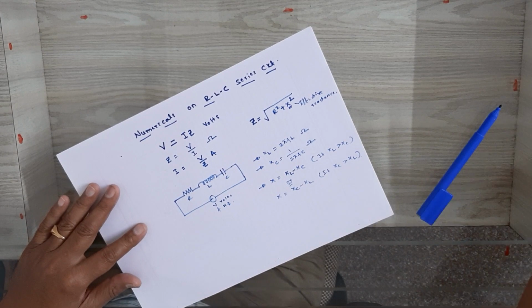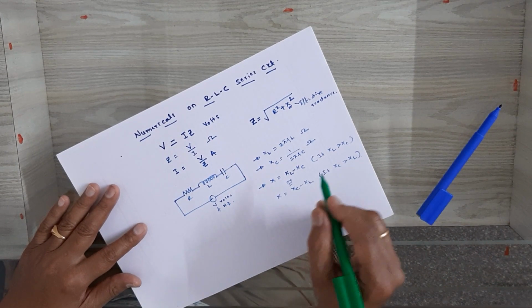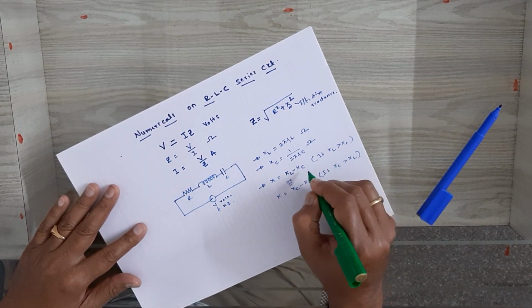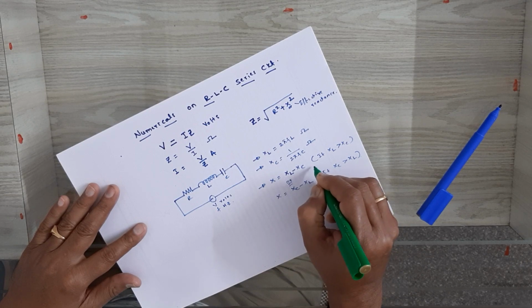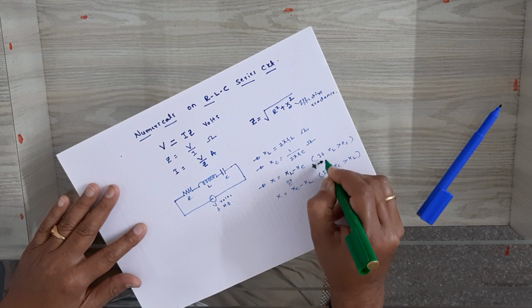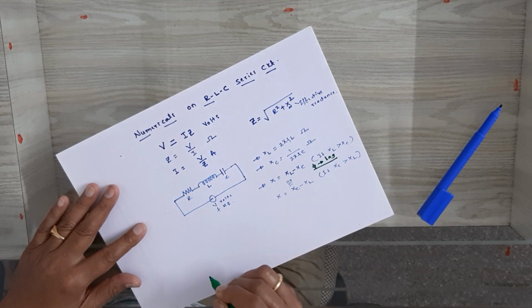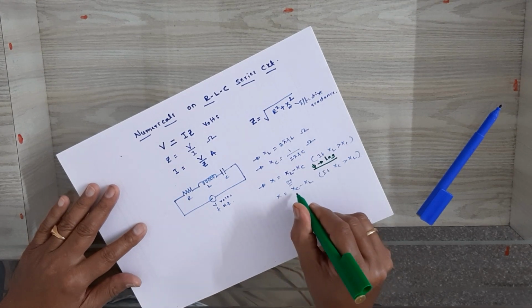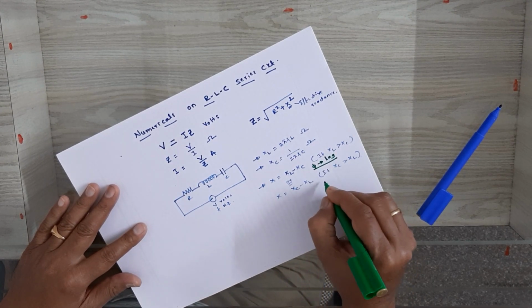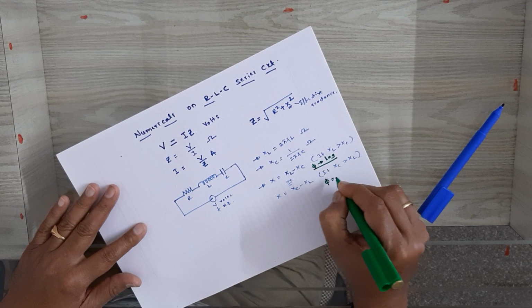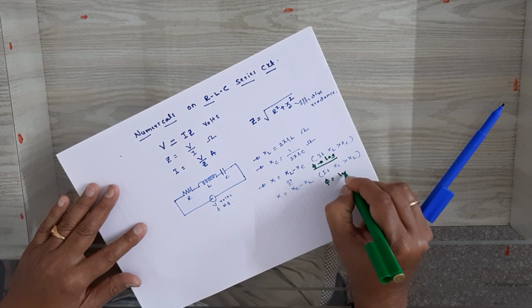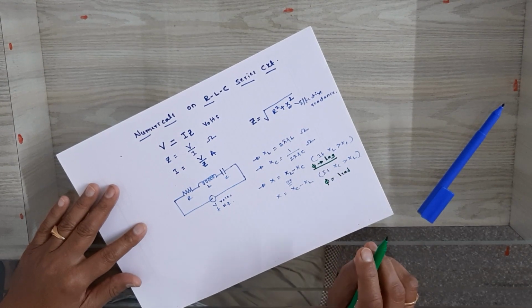In the case of XL greater than XC, the resulting angle phi is lagging in nature. If XC is greater than XL, then phi is leading.